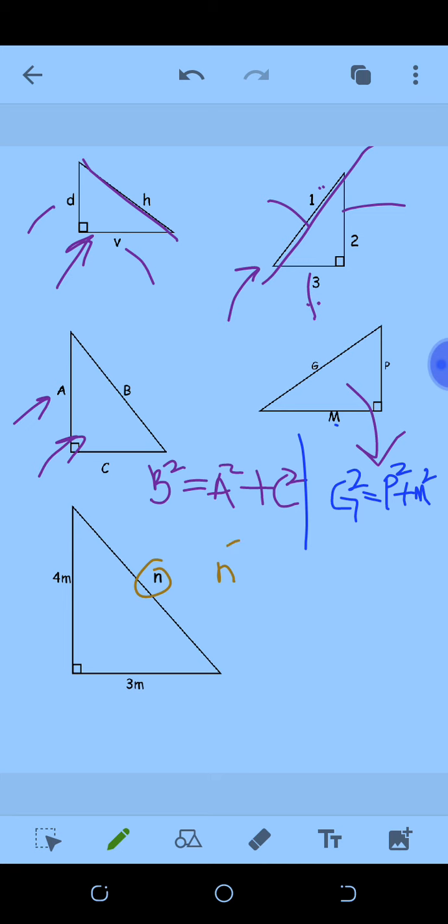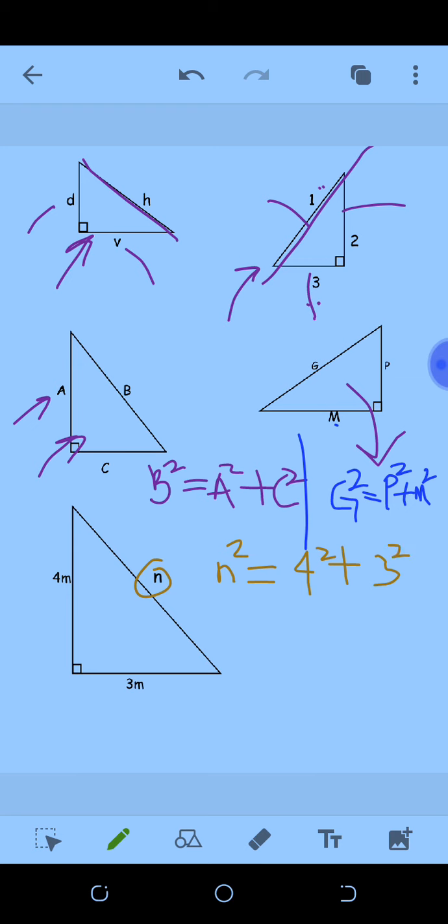N squared equals the sum, okay, of 4 square and 3 squared.